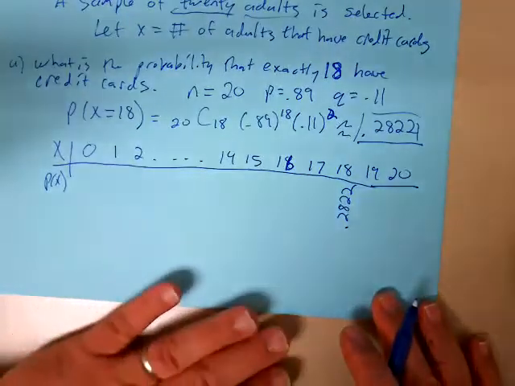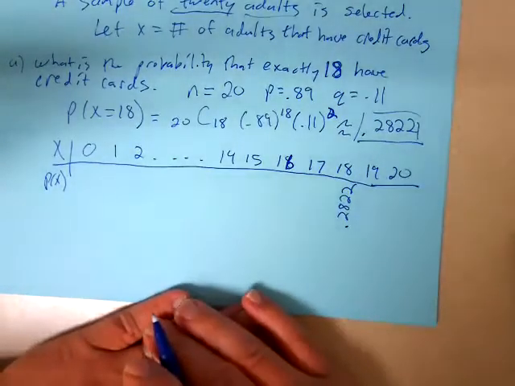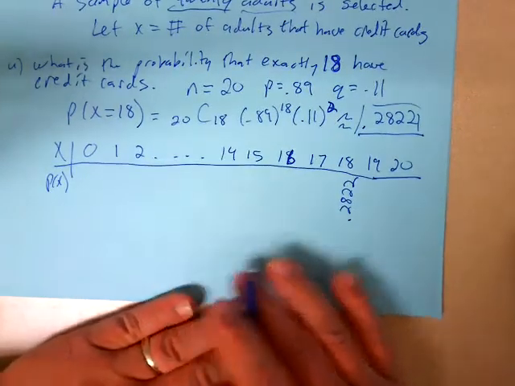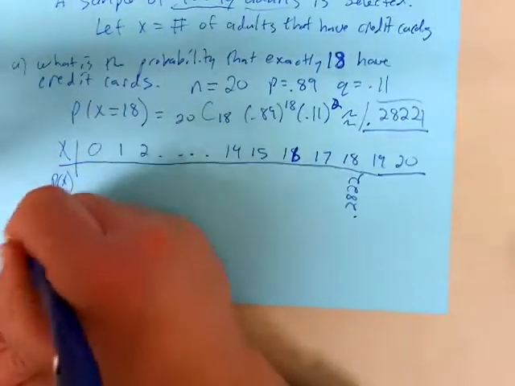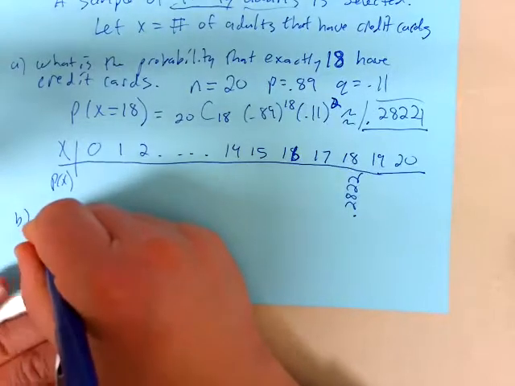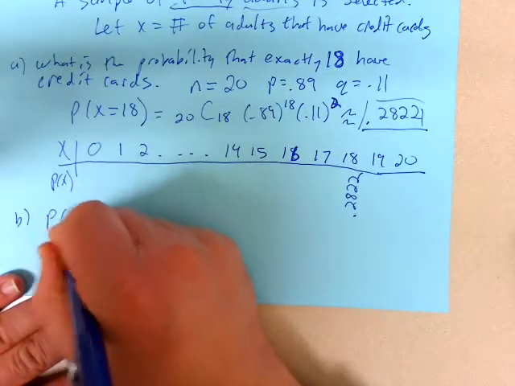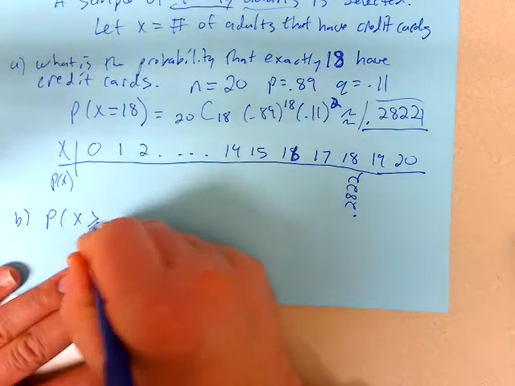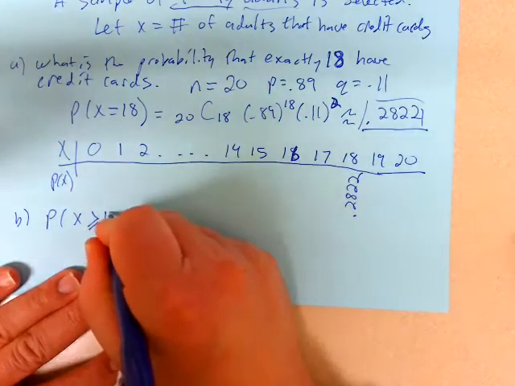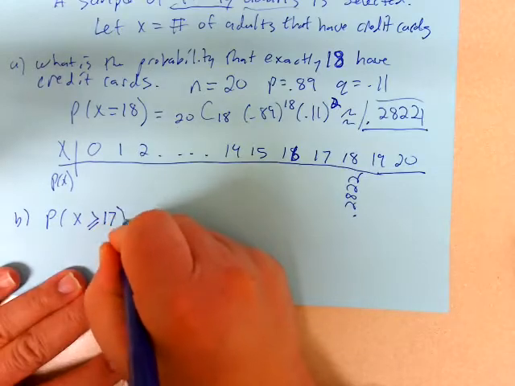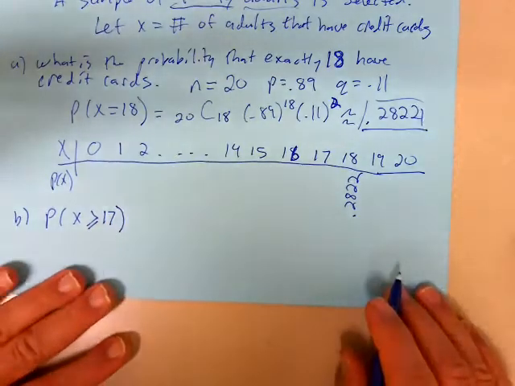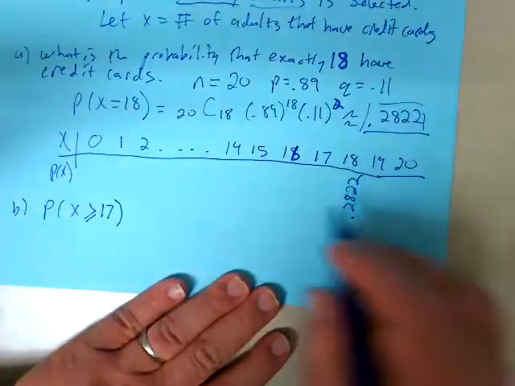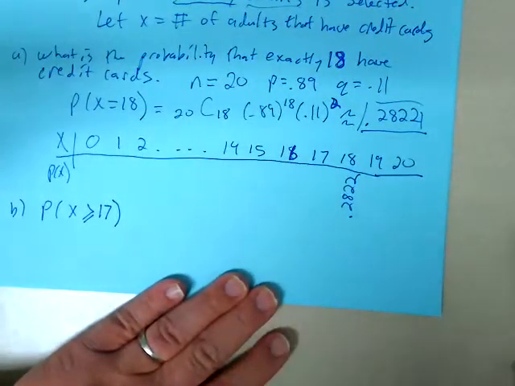Okay? So now what I could do here is I might ask, what's the probability? So B here is, what is the probability that X is greater than or equal to 17? Okay, well what that means is I need 17, 18, 19, 20, and then I have to add all 4 of those up.